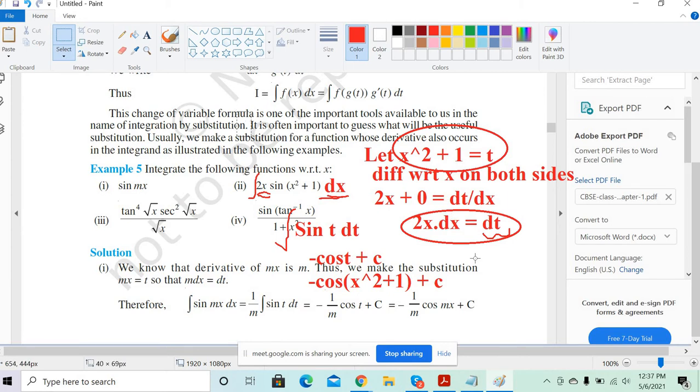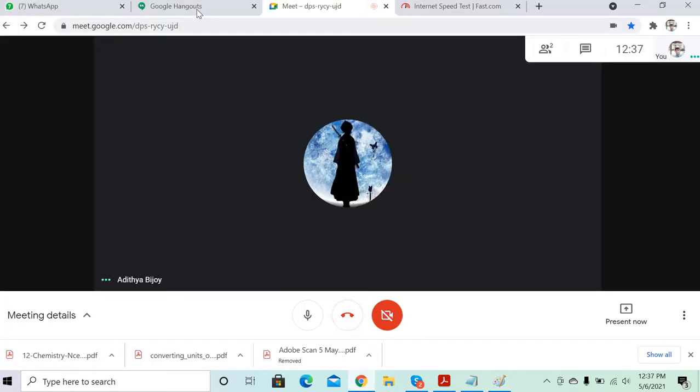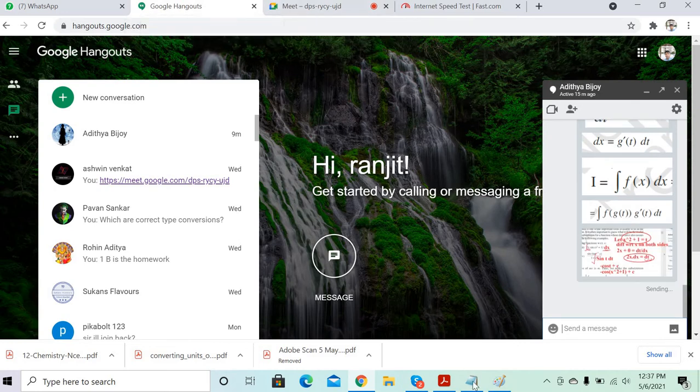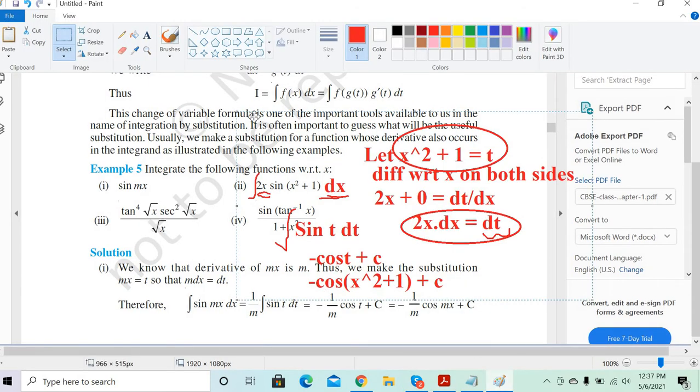Okay, I'll just share this part so that now you can try with the integration of sin mx dx, Vijay. So let's try with sin mx now. You don't have the formula for sin mx dx, right?